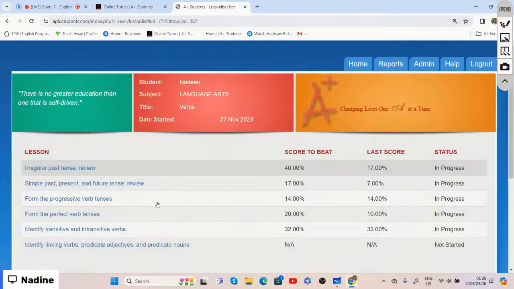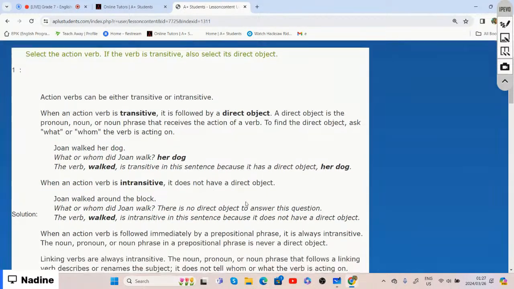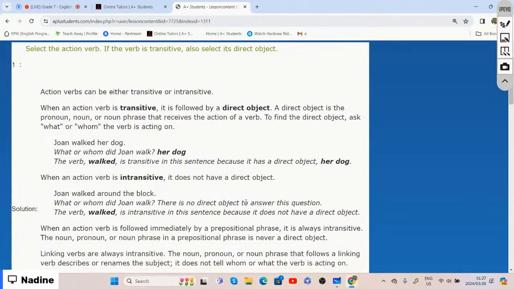All right, so now we're going to identify transitive and intransitive verbs.